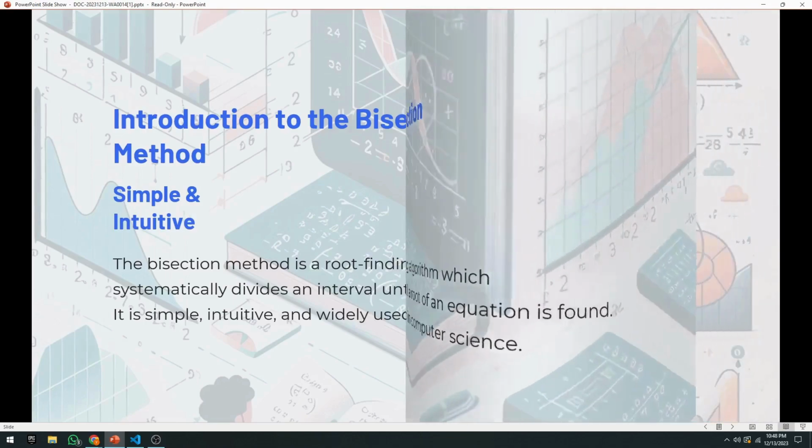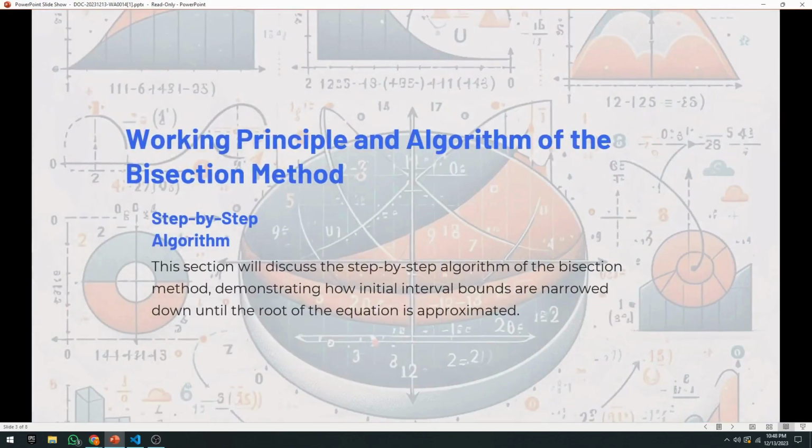Moving towards the next slide, we got the working principle and algorithm of the bisection method. It has a step-by-step algorithm, demonstrating how initial interval bounds are narrowed down until the root of the equation is approximated.